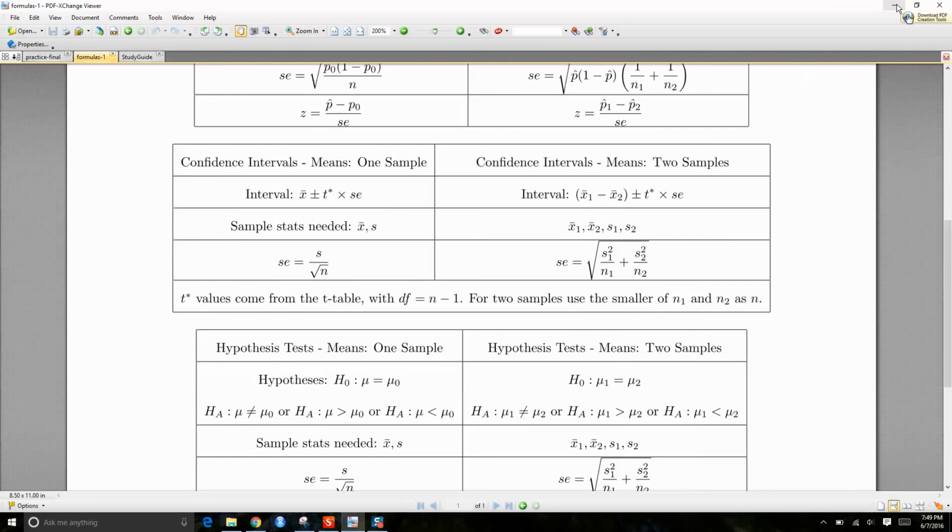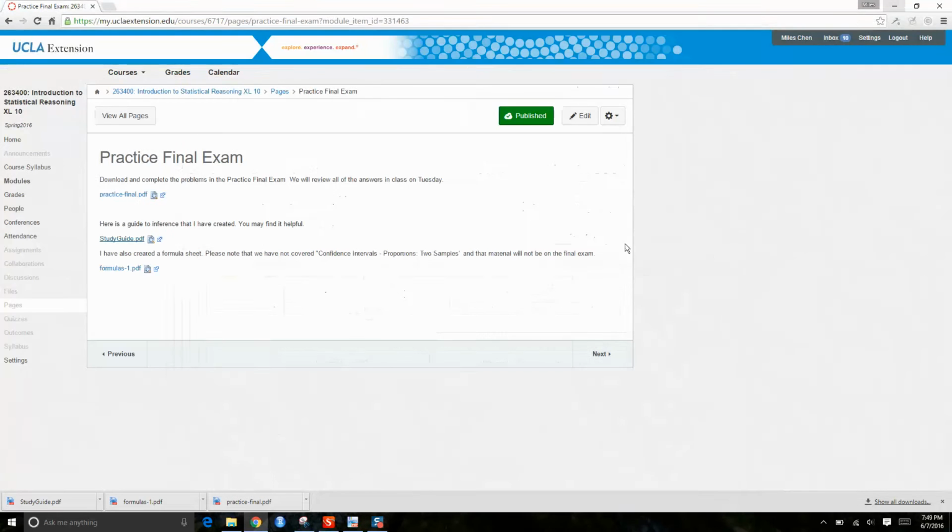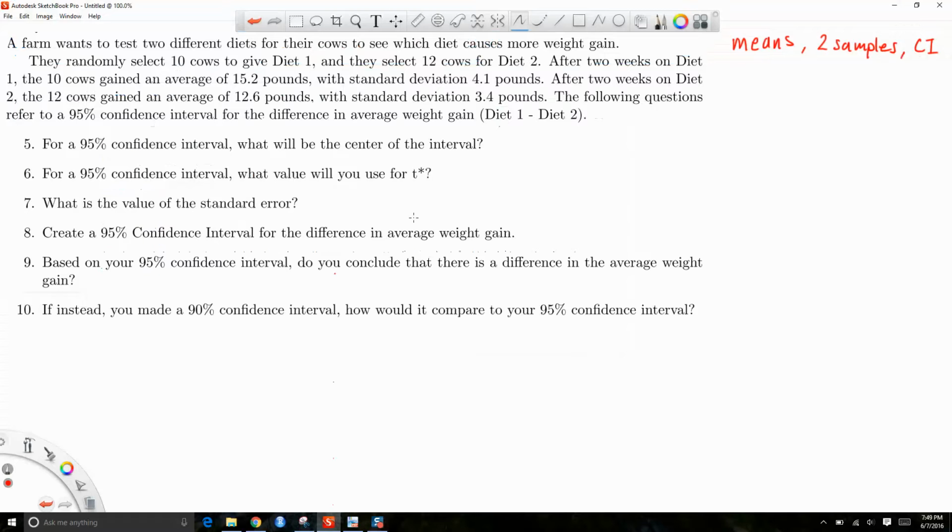So the formula is x bar 1 minus x bar 2 plus or minus t star times the standard error. This is going to be our confidence interval. Let's go through the problem and try to pick out all of these pieces.